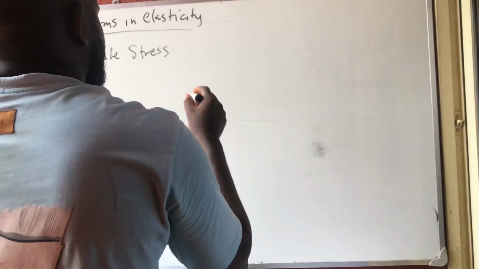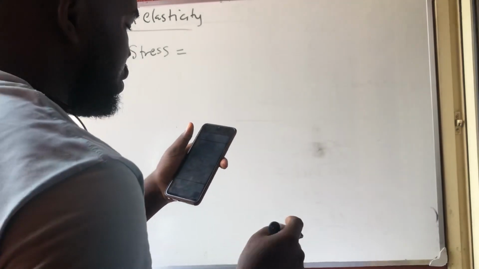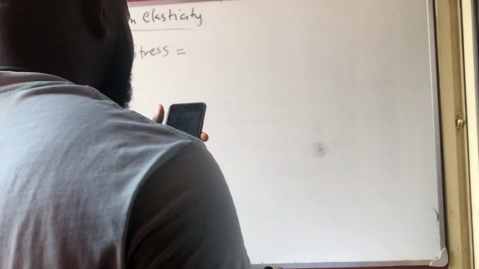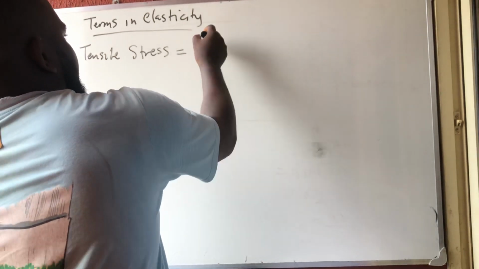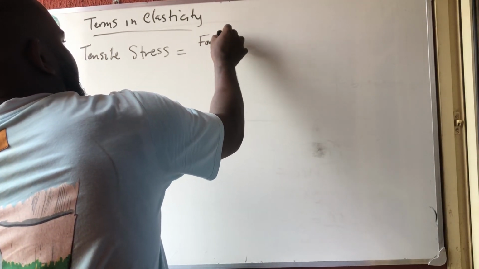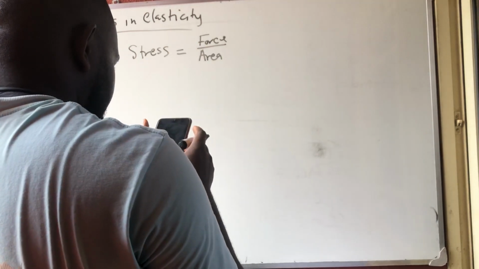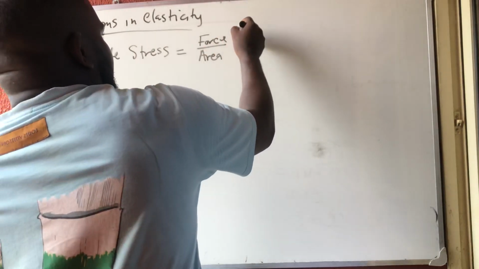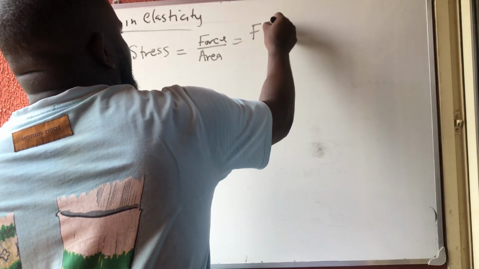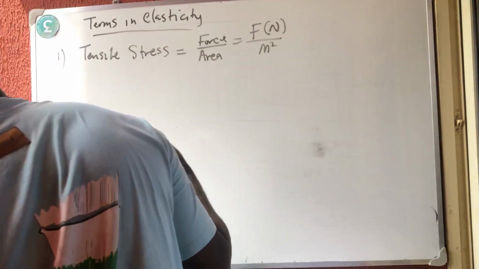Tensile stress is defined as the force over area. The force applied over the area. Force over area is tensile stress. Force is measured in Newton, while area is measured in meter square.